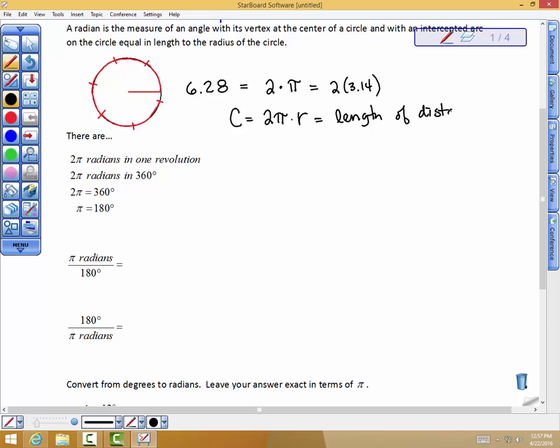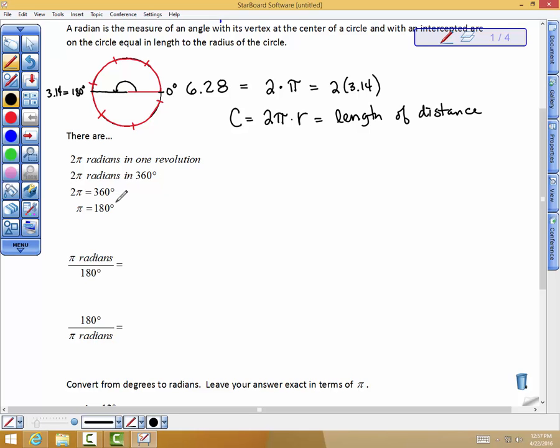So with that, we call this spot right here 0 degrees, and if you go halfway around the circle to this spot, you're at 180 degrees. Well, that's also 3.14.